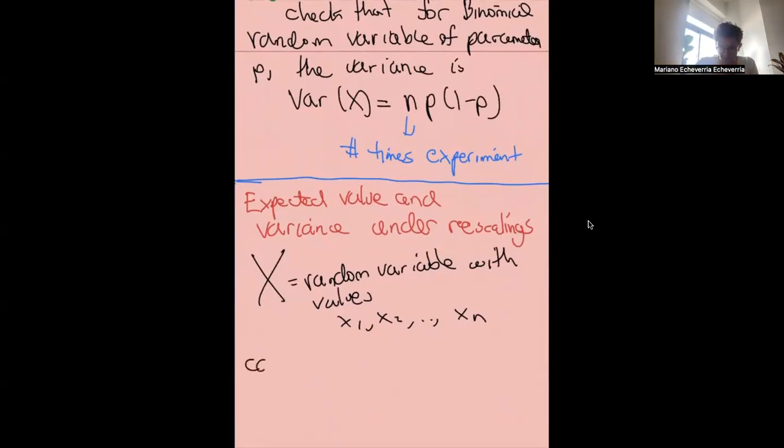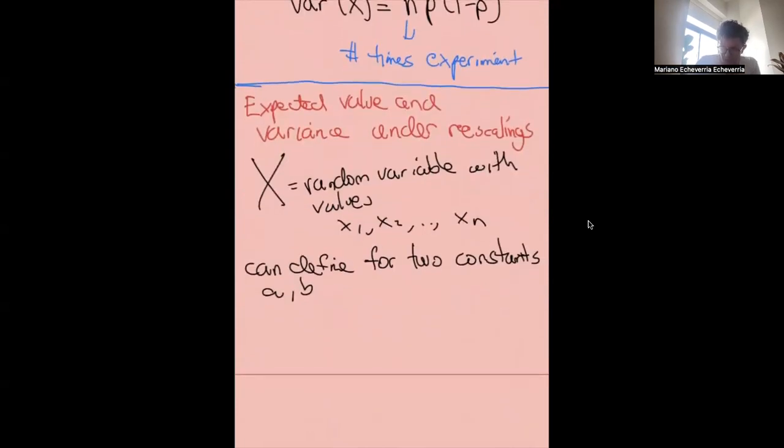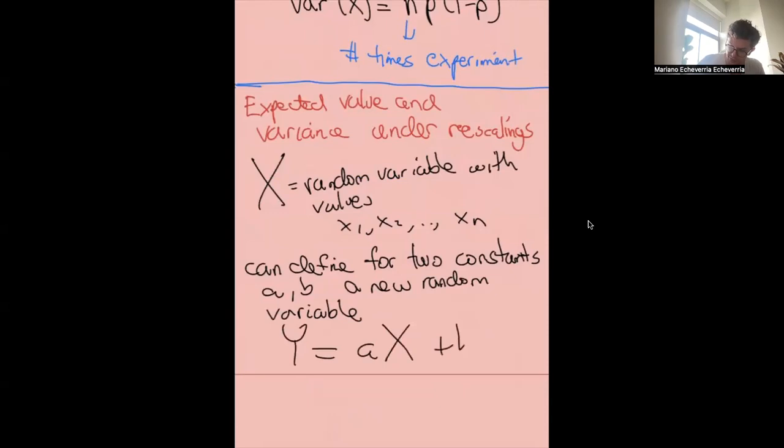So for two constants a and b, you can define a new random variable, which we will call y, which is just ax plus b. Okay.